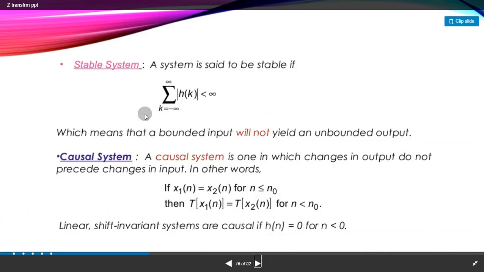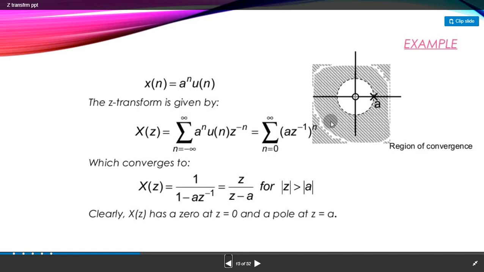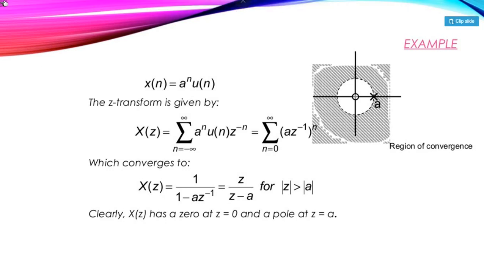Up to this point we have understood how a z transform basically works. Now we're going to understand how, using the z transform, we can tell whether a system is stable or unstable.